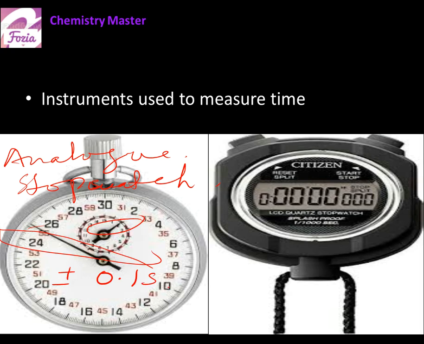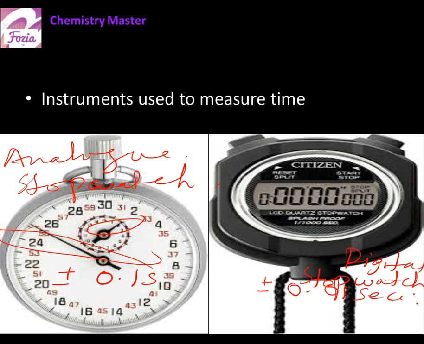But these days, as we are using very latest technology, we are using digital stopwatches. So this one is the digital one. A digital stopwatch is the latest device used to measure time, and it works up to an accuracy of plus and minus 0.01 seconds.